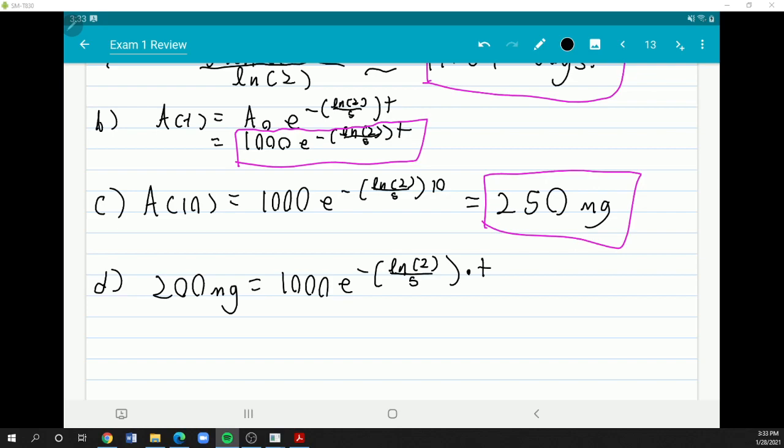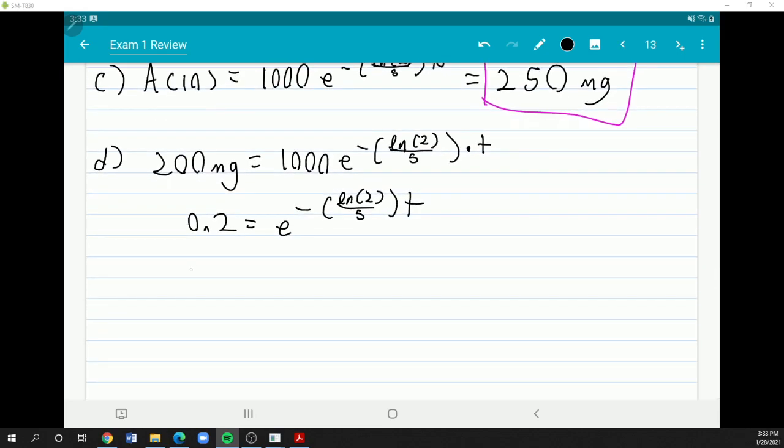Now we solve for t. So 0.2 equals e to the minus log 2 over 5 times t. Natural log both sides again. Natural log 0.2 equals minus natural log 2 over 5 times t.